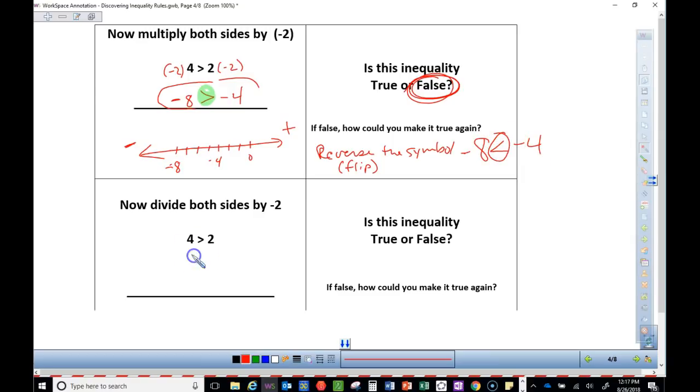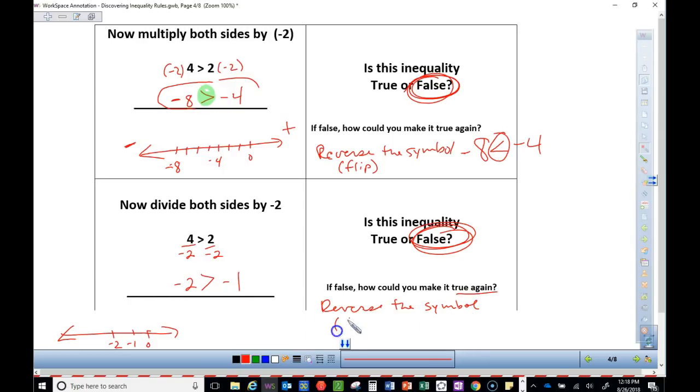All right, now let's see if we divide by a negative 2. We would have negative 2 is greater than negative 1. Negative 2 is not greater than negative 1. This is false. In order to make it true again, we would have to reverse the inequality symbol. Flip it. So it would have to say negative 2 is less than negative 1. Now that would work.